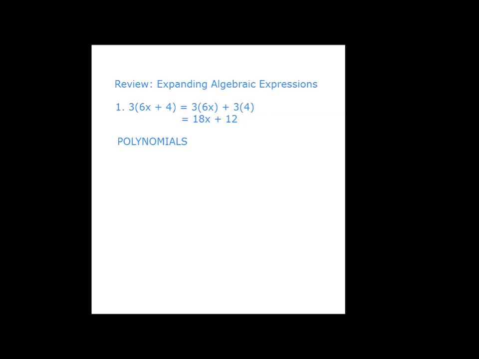Now, in a polynomial, there are no terms with variables in the denominator and no terms with variables under a radical sign. Now, we are talking about what makes a polynomial. Number 1, there should be no terms with variables in the denominator. So it can be a fractional expression but the denominator should not be a variable.